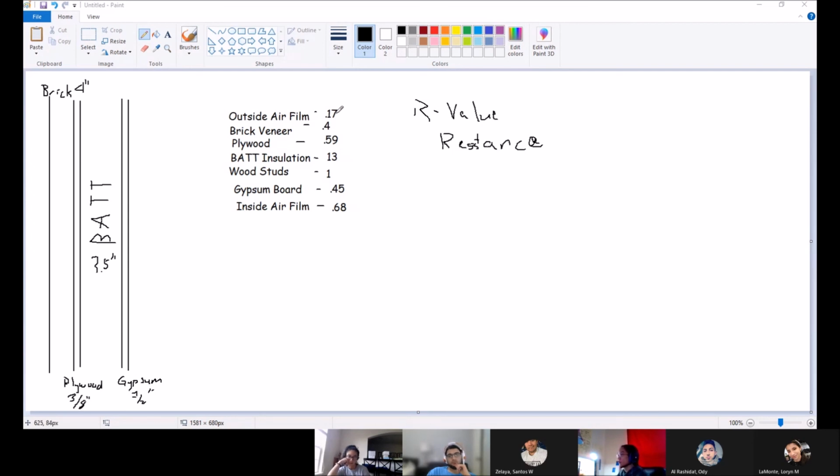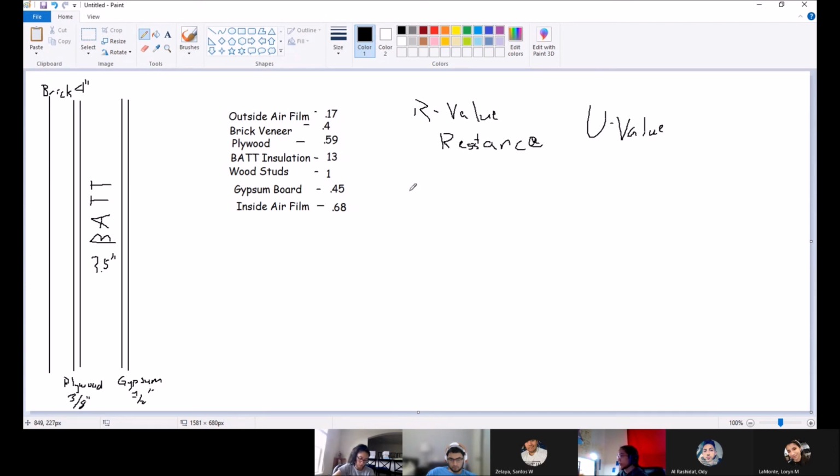Right, so let's just start calculating. The U value is sort of how much heat gets through. It's the inverse of R value.